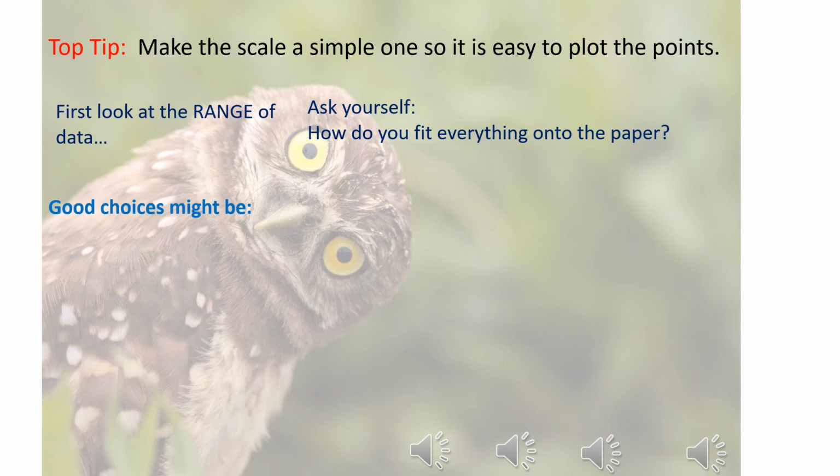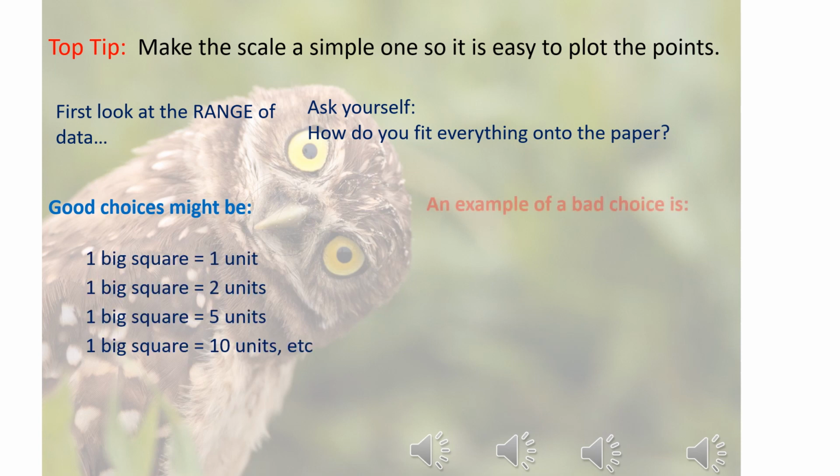But choose a scale that's easy to plot. For example, go up in 5s or 10s, depending on the data. If you choose to go up in 7s, for example, you will find it much harder to plot.